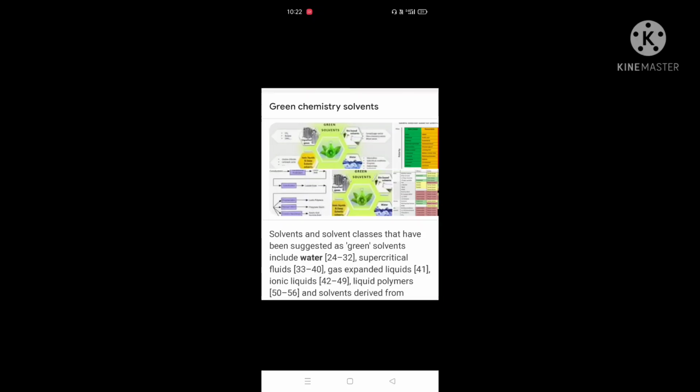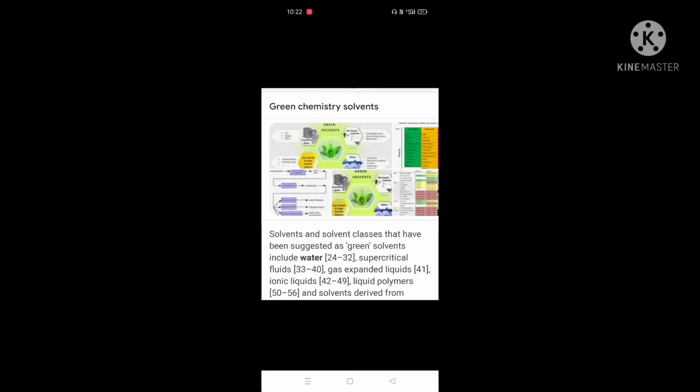Whatever it may be, the solvent we use should be less hazardous, or not harmful to the environment. That's why so many green chemistry reactions are conducted with water as the solvent. Water does not cause any environmental pollution, because it is naturally available. So that's why we are using it in so many green chemistry reactions.